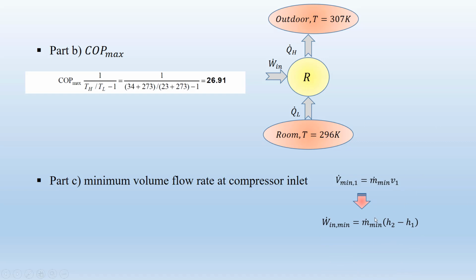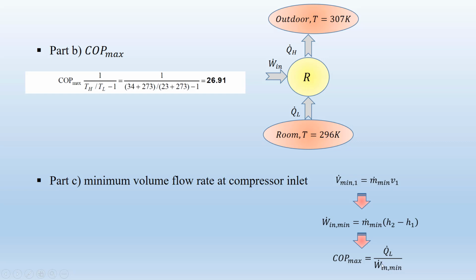If you rewrite that energy balance equation for the compressor, you can write W dot in min equals m dot min times (H2 minus H1). To calculate the minimum mass flow rate, you need the minimum work, correct? To calculate the minimum work, let's check the equation for the COP. The COP is Q dot L over W dot in.